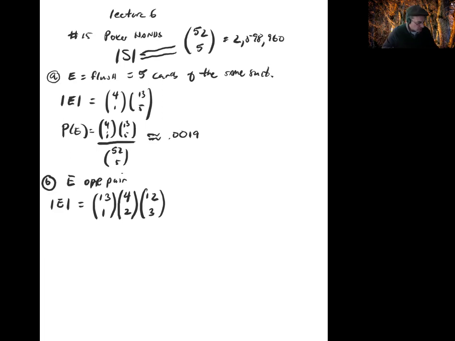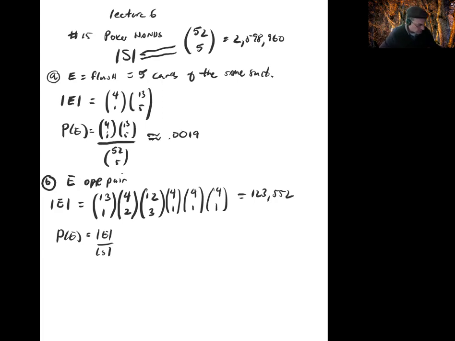Well, each card has to be chosen from a suit. So the first card has to be one of 4 choices. The next card has to be one of 4 choices, and the last card has to be one of 4 choices. So if you compute what this is, you'll get 123,552 is the answer.